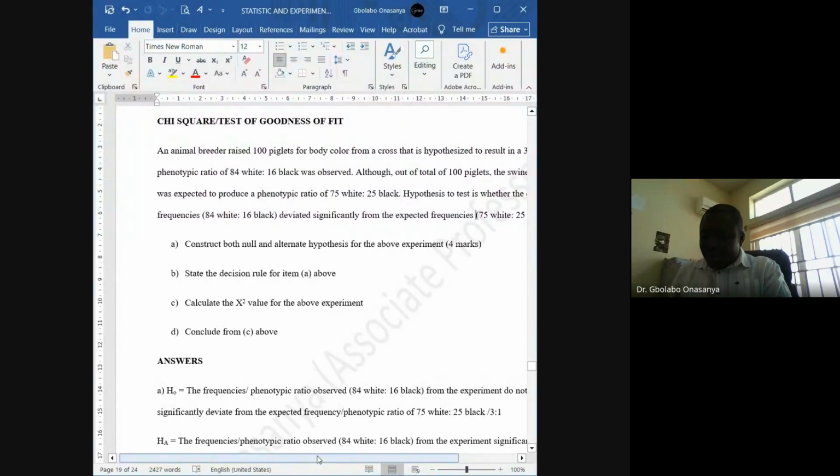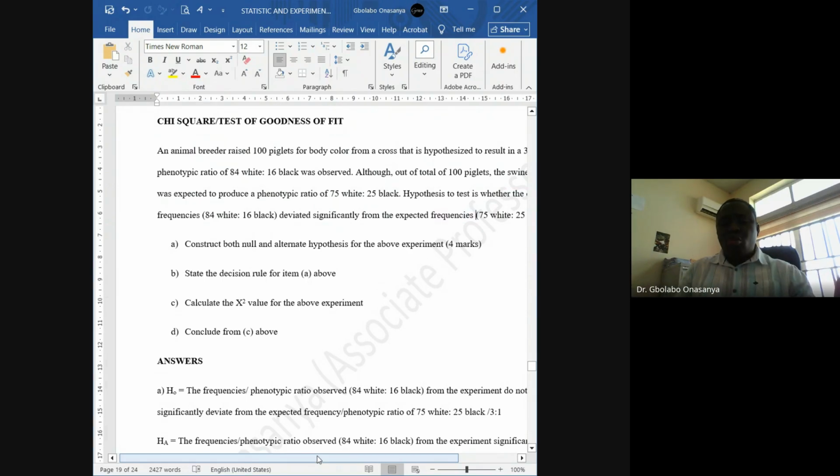If it is 1%, then what happened in our experiment is 1% due to chance and 99% due to our independent variable. This is the statistical interpretation of the 5% and 1% levels of significance. Fine. Now, in chi-square, there's a big difference.